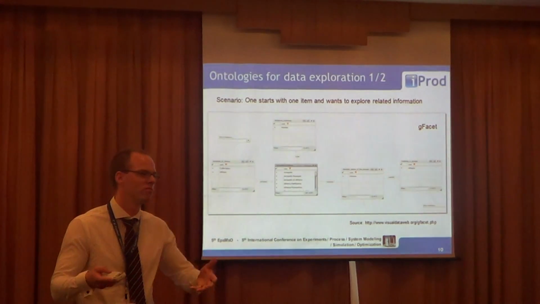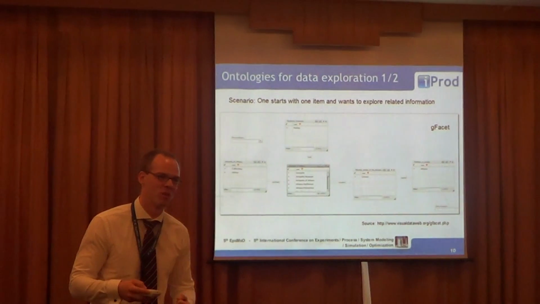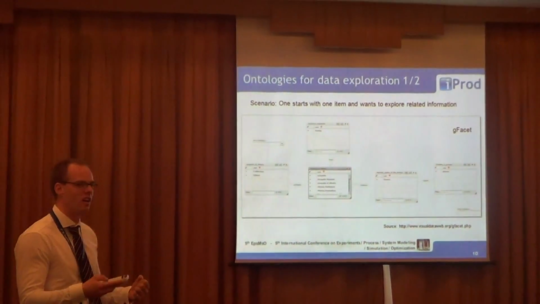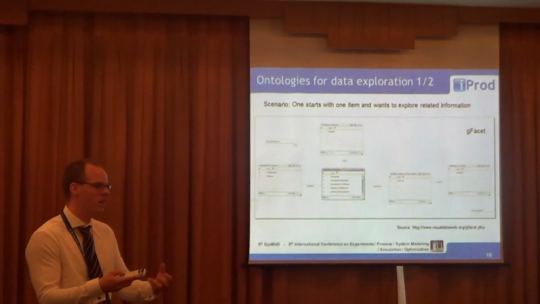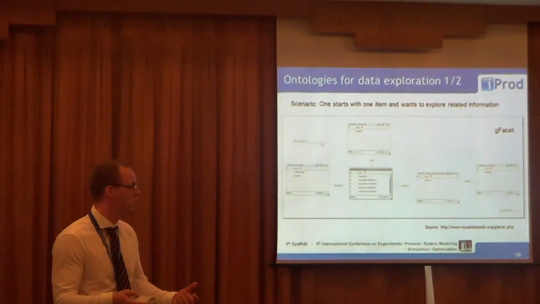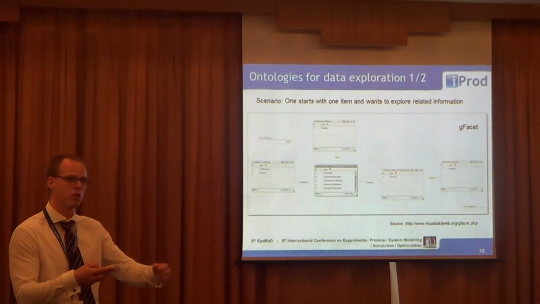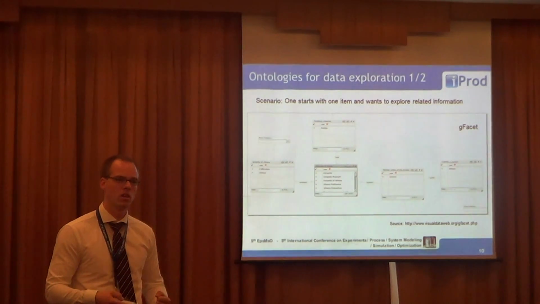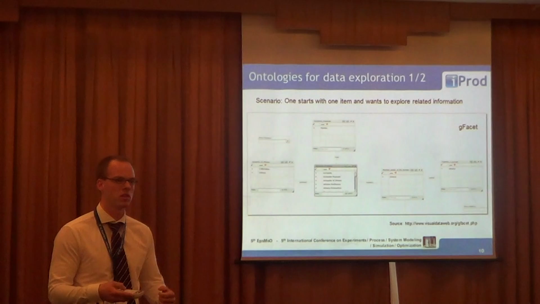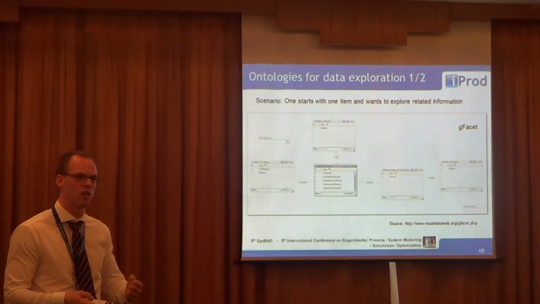But often, you will not know exactly what you're searching for. You might just be interested in, I'm changing some item. Who else is affected by that change, for example? You can't really tell the system, please give me all manufacturing processes that are related to that item. There might be other things connected to it, but in order to find out, you have to ask specifically.